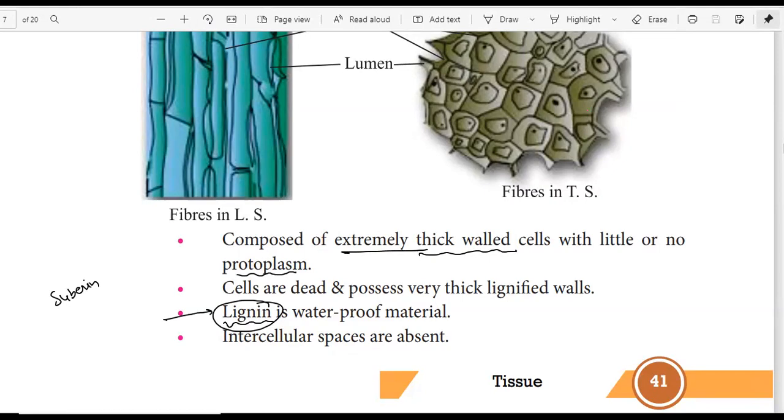as a waterproofing material between the sclerenchyma cells.